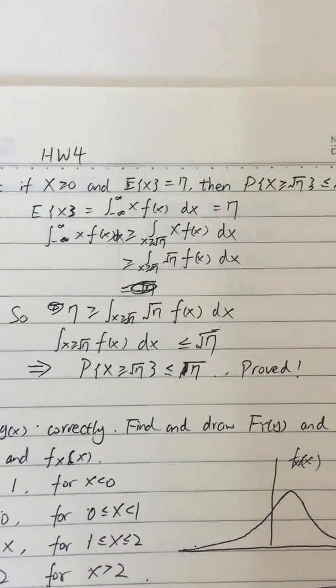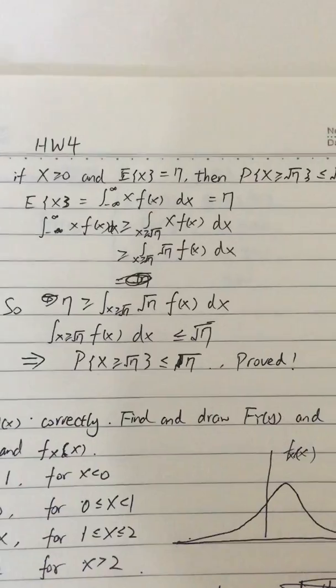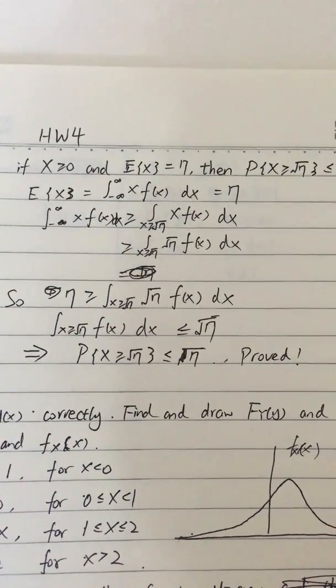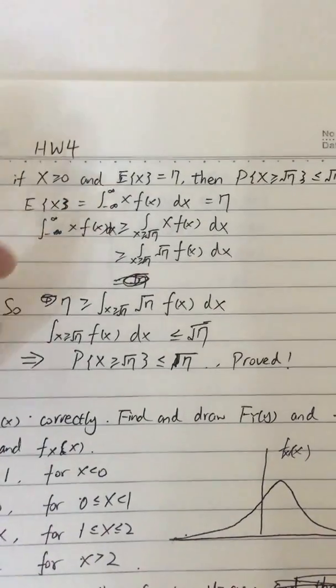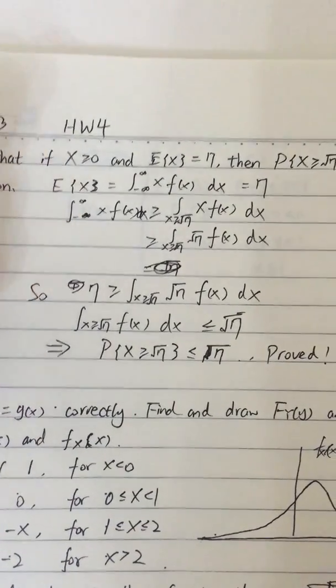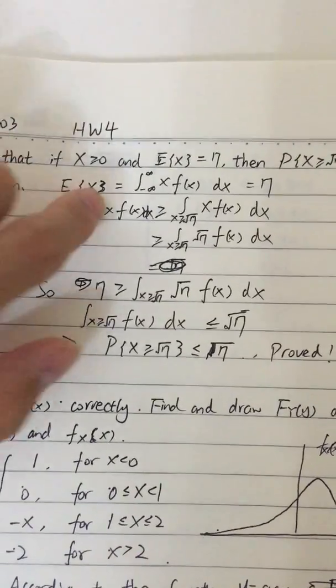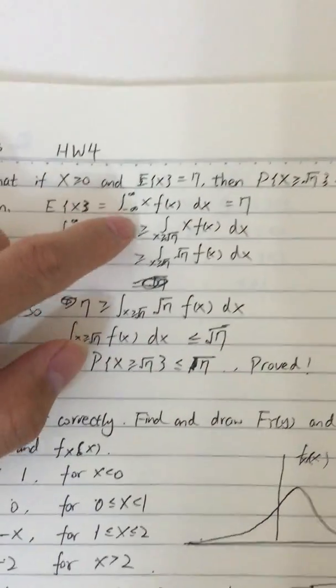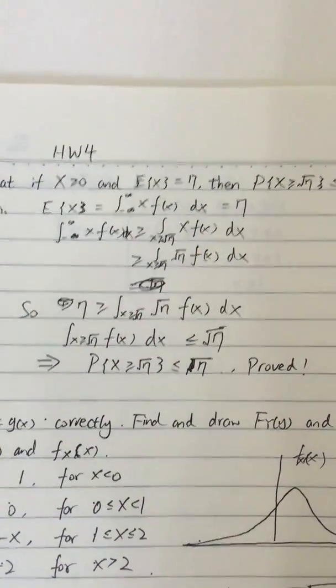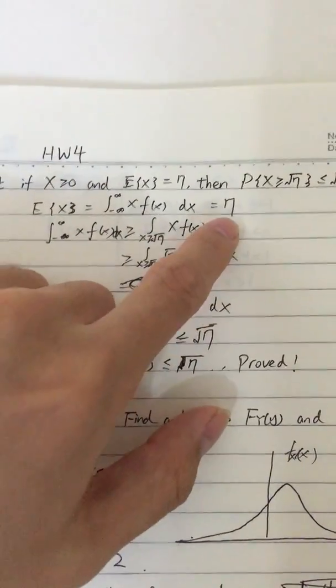So similarly to the proof of the Chebyshev inequality, we can write down the expression of E[X], which is equal to the integral of x small f(x) dx, which is equal to eta.